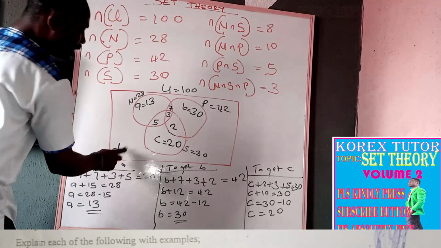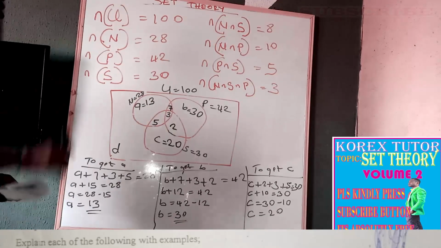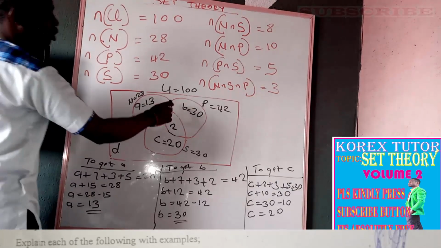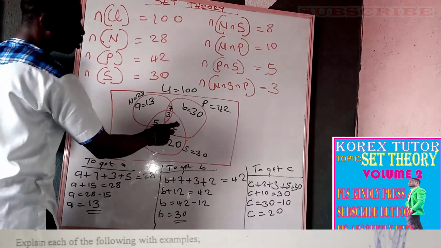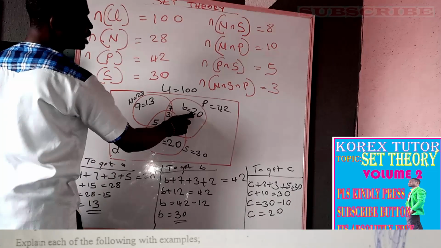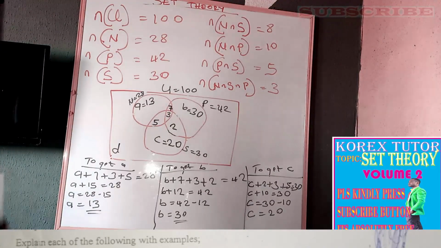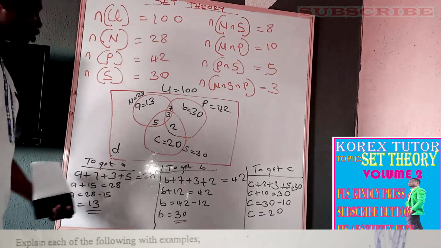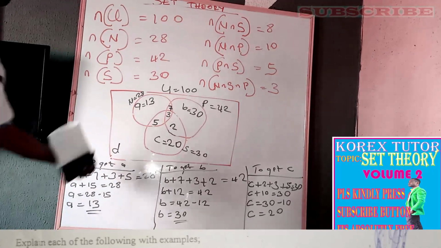To know the number of people that did not participate at all, we add all of these: 13 plus 7 plus 3 plus 5 plus 2 plus 20 plus 30, plus D is equal to 100. We solve it just the same way, and we get our D, which is the number of people that did not participate at all.